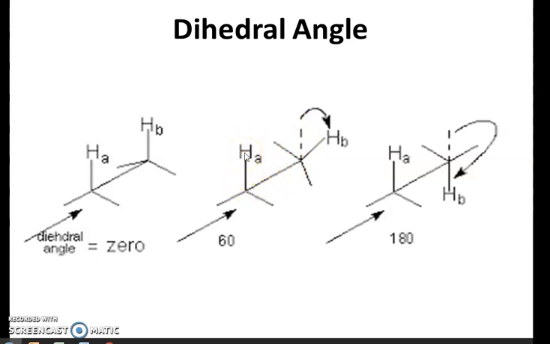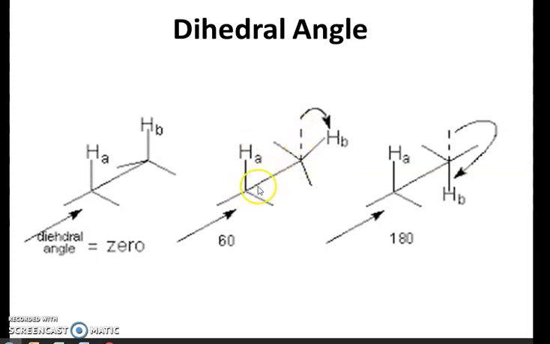Now similarly, we are going to consider another plane. Which plane is that? It includes the HB atom and the carbon-carbon bond. Here you have this plane. Now this is plane 1. What is plane 1? It includes the carbon-HA bond and the carbon-carbon bond, with this dotted line.